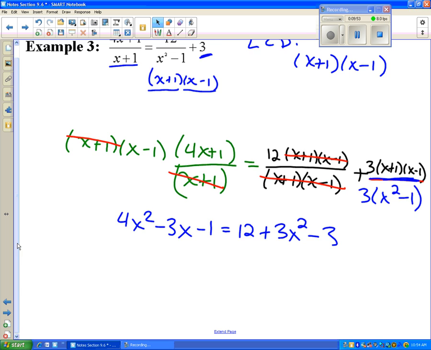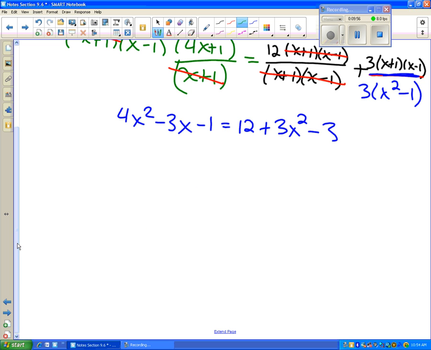I need to combine like terms. I'm going to subtract 3x from both sides and get x squared minus 3x. 12 minus 3 is 9. Subtract that to the other side, and I get x squared minus 3x minus 10 is equal to 0.